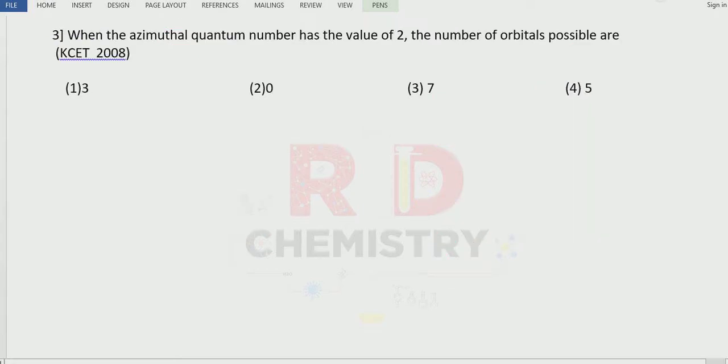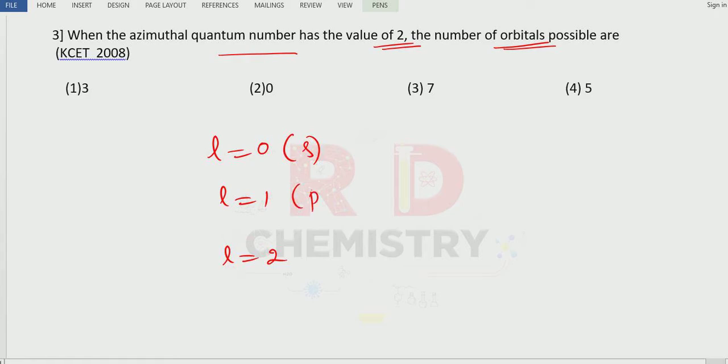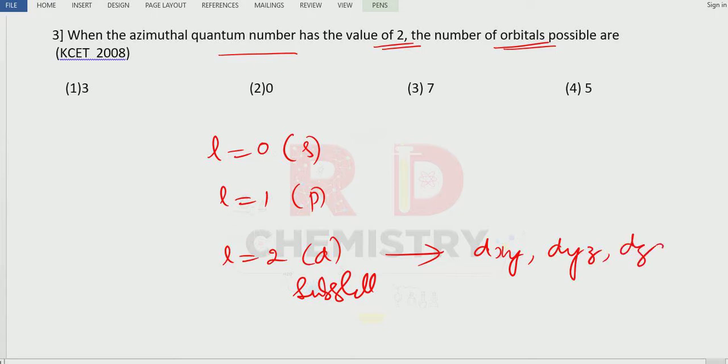Clear? Question number 3. Azimuthal quantum number value is equal to 2. Number of orbitals possible. Let me take L is equal to 0, L is equal to 1, L is equal to 2. L is equal to 0 means s orbital, then p orbital, d orbital. Correct. This is a d subshell. How many orbitals are there when I say d? We have dxy, dyz, dzx, dx square minus y square, and dz square, correct?